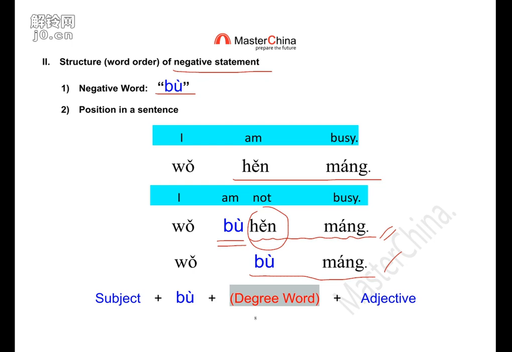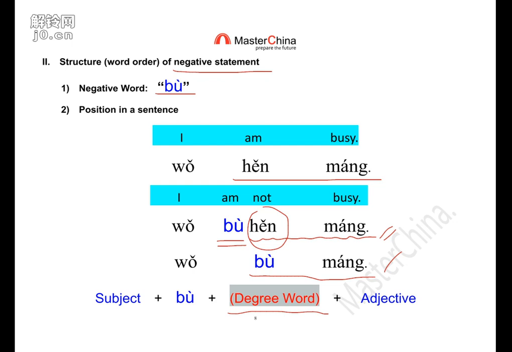This didn't cover all the people's expressions. 我不很忙. Okay, so we have 2 options in the negative statement. We can put a degree word in your negative statement or not. Both are fine. In terms of grammar, they are both correct.